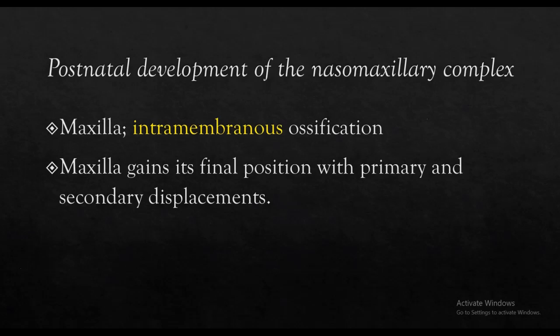The maxilla cannot be considered as a separate bone in matter of growth since it is closely associated to the cranial base. The maxilla develops entirely by intramembranous ossification after birth since there is no cartilage replacement.